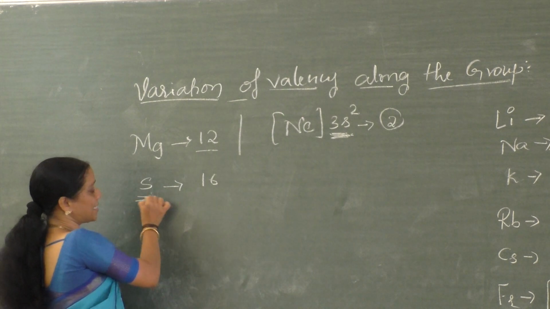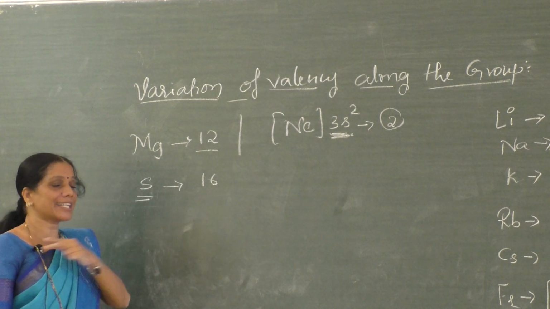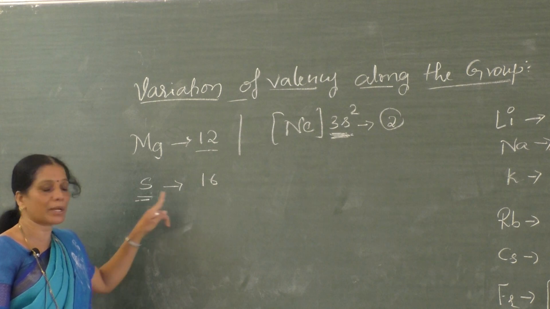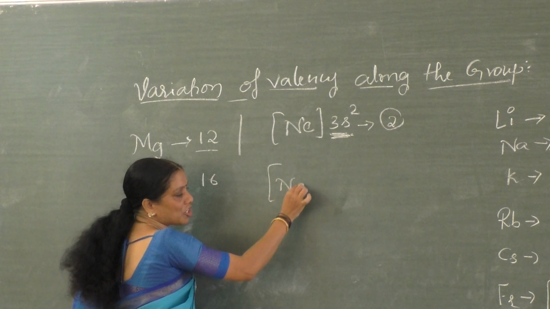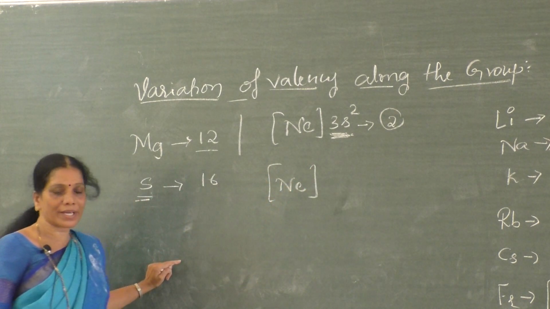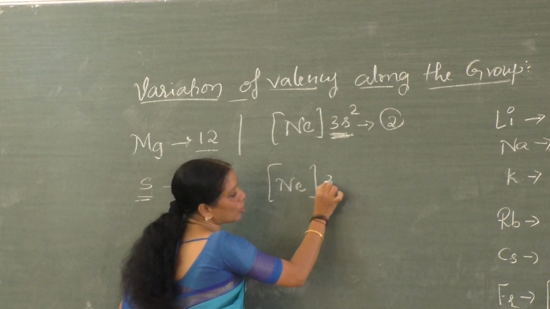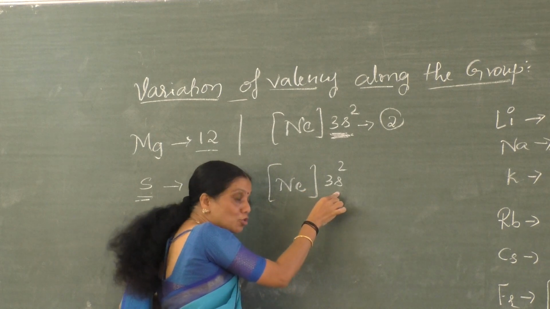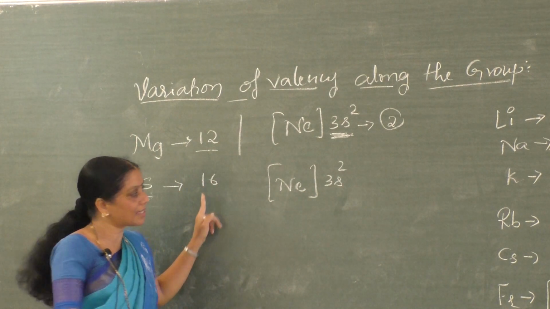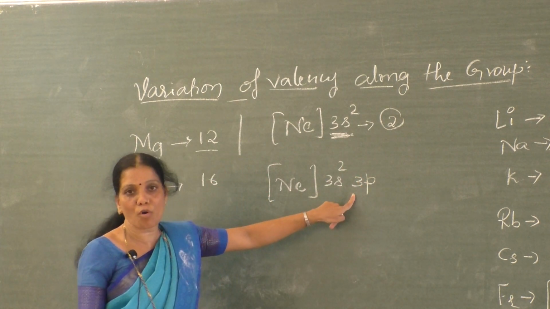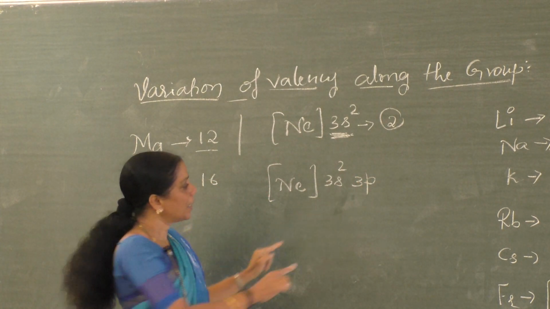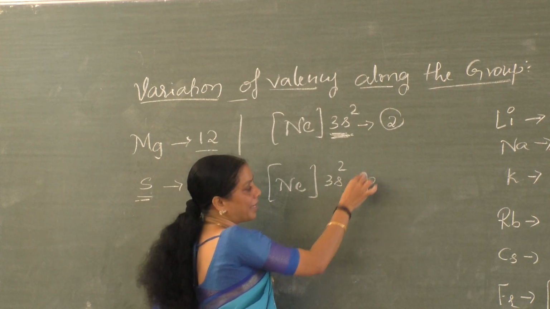Now if I consider sulfur with atomic number 16, if I write the noble gas configuration, neon, how many electrons are there? 10 electrons. Next electrons enter into 3s2, that means 12. Totally 16 electrons are there. Remaining 4 electrons enter into the p orbital of the outermost third main energy level.